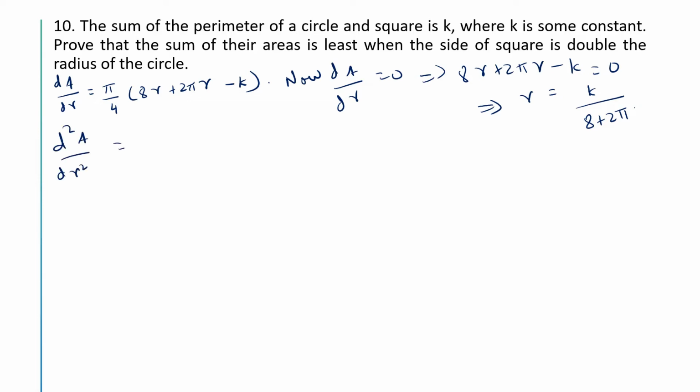It is the derivative of this with respect to r. So it is pi by 4 into 8 plus 2 pi, which is greater than 0 at r is equal to k by 8 plus 2 pi. So which means r is equal to k by 8 plus 2 pi is a point of local minima.